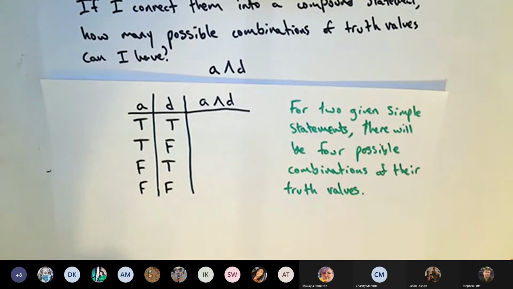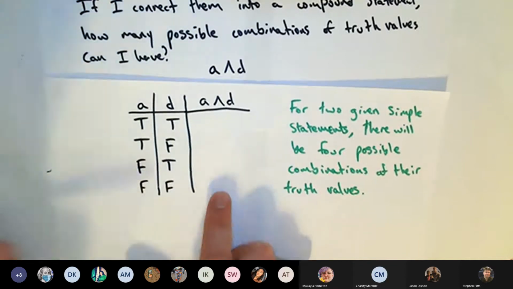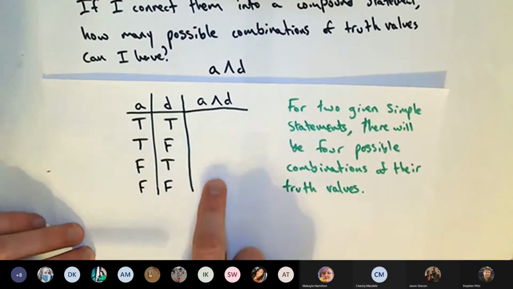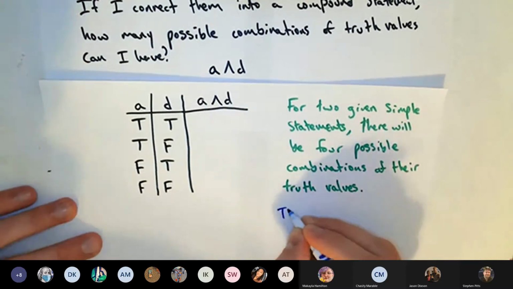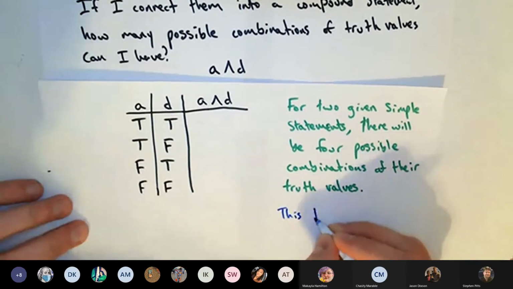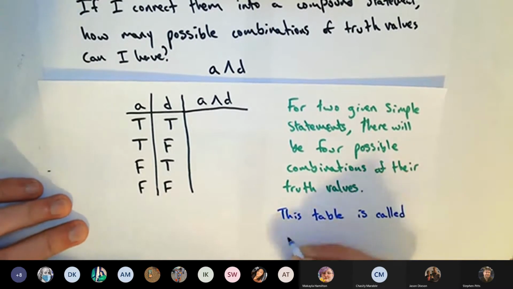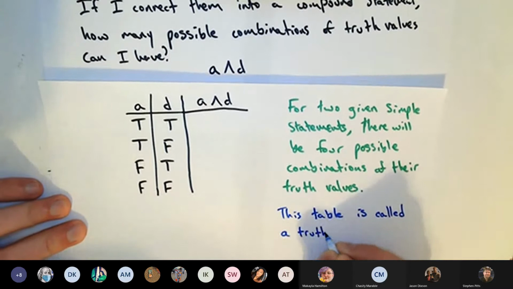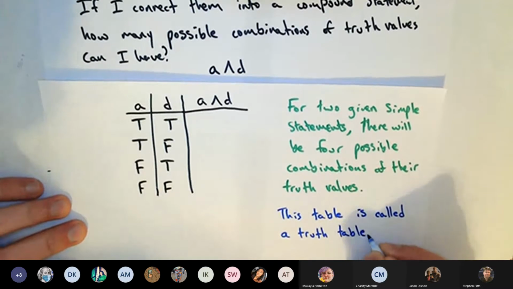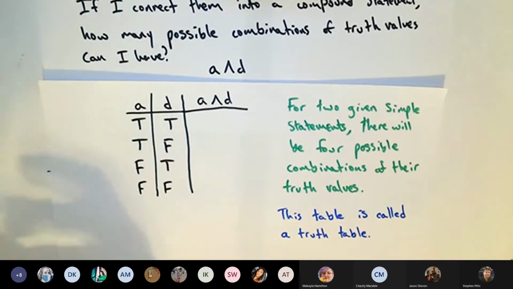All right. One other thing to note before I tell you officially what's going on here is that this table is called a truth table. There is officially a definition of truth table at the beginning of section 3.2, but you just need to know what it looks like.